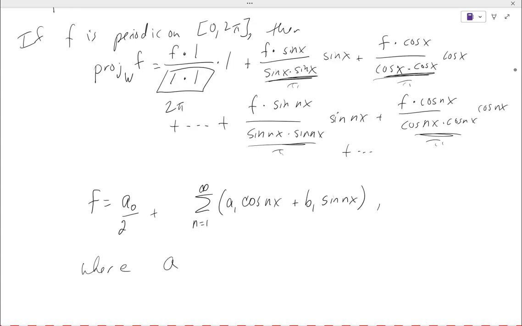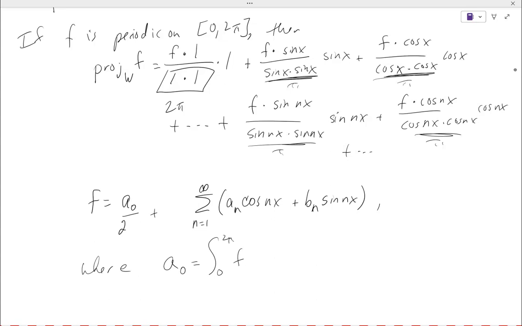So your A's, your A naught, of course, is your integral from 0 to 2 pi of just the function. Oh, crud. I got to go back and fix something real quick. Those are n's, not ones. Told you I was frustrated this morning and I didn't think about exactly writing this down when I came into class.